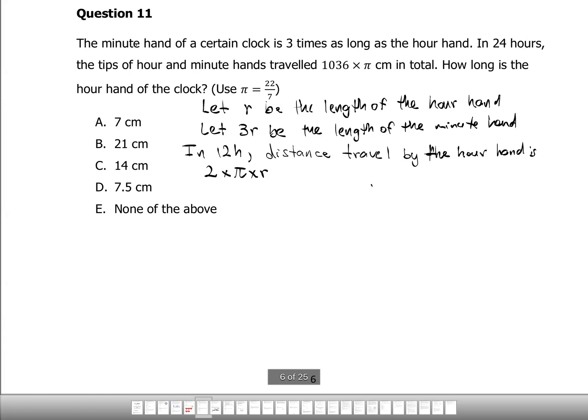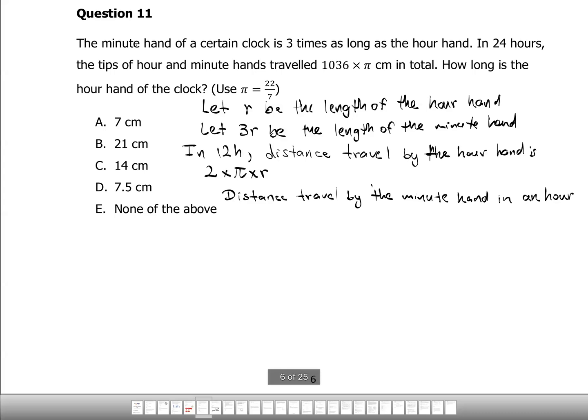Then next is we'll find the distance traveled by the minute hand in an hour. When the minute hand goes around one full circle on the clock, that's only 1 hour.